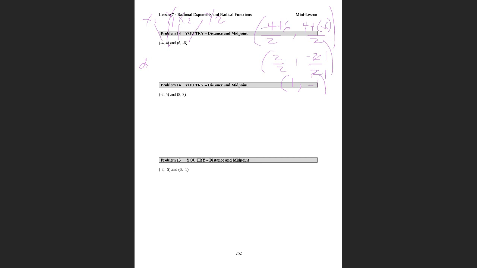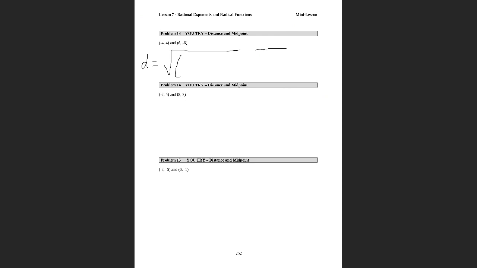All right, what about my distance? So my distance is going to be d equals, now I put a square root here, x2 minus x1 squared.